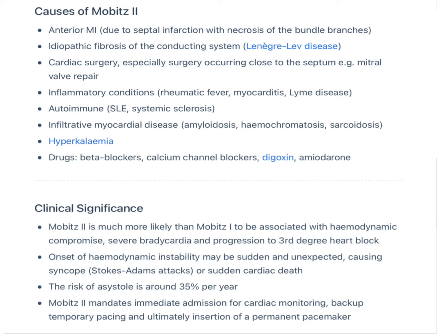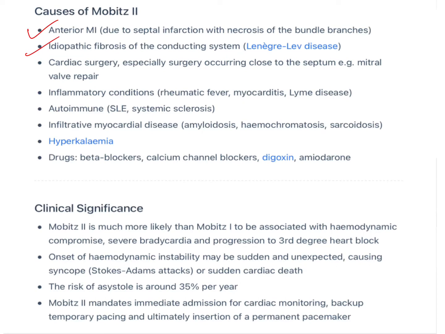Coming to the causes of Mobitz type 2 second degree heart block, anterior wall MI due to septal infarction with necrosis of the bundle branches is an important cause. Then we have idiopathic fibrosis of the conducting system, also called Lenègre disease.